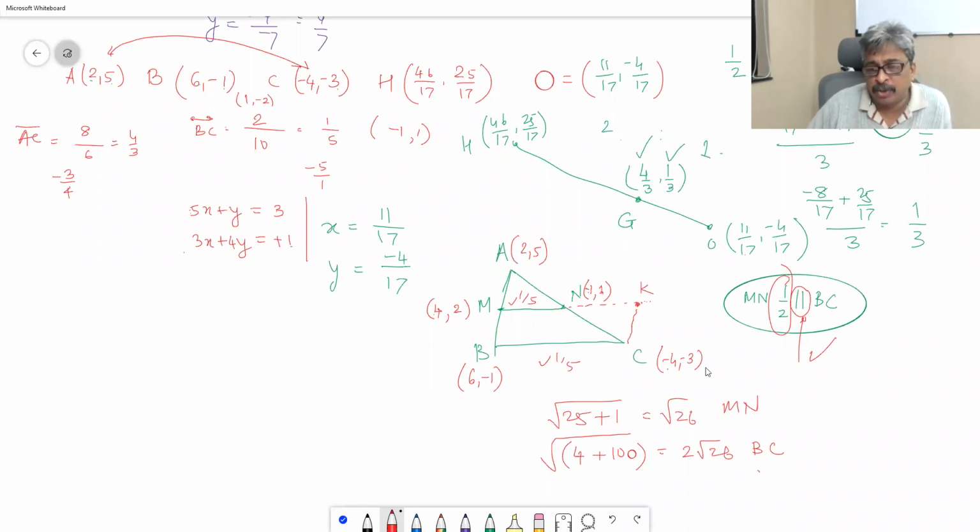However, I am trying to demonstrate here that these are the geometric properties that we have studied: half and parallel. MN is half and parallel. If we calculate distance, we can find out halfness of MN. If you find out the slope, you can check whether it is parallel or not. That is what we have done here.